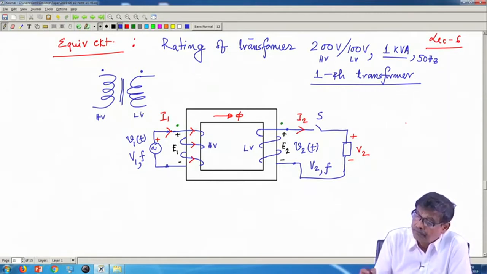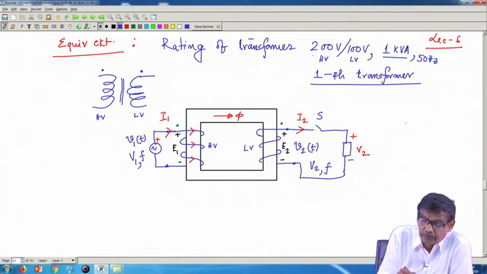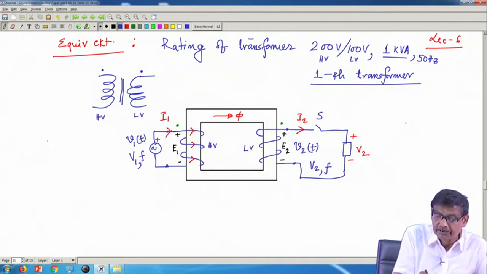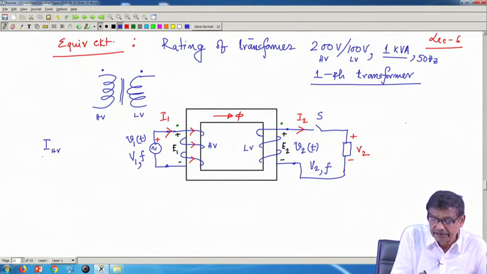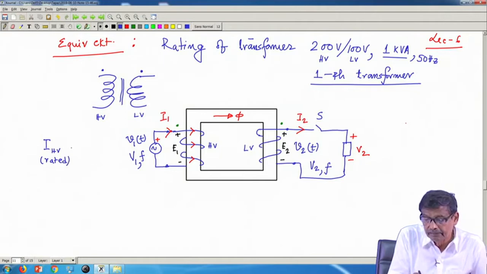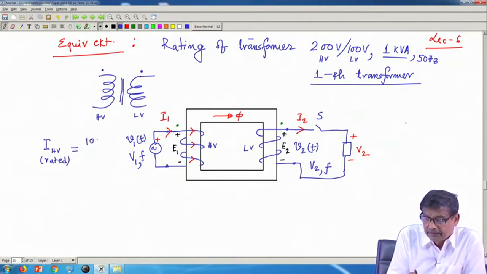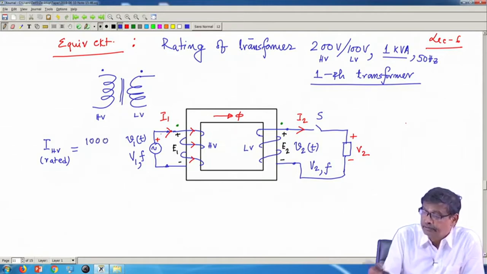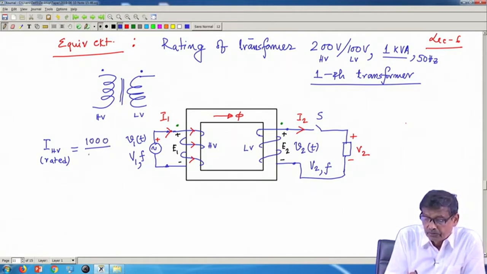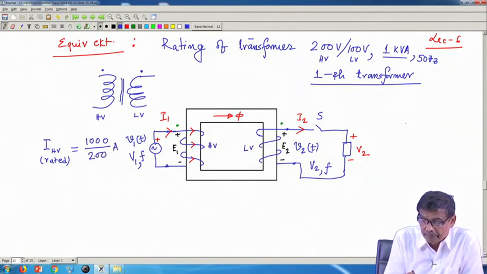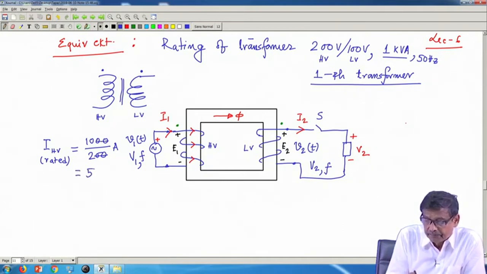Now, from this I can calculate the rated current of the HV side, I HV rated. It will be the kVA, 1000 volt-ampere, divided by 200, which becomes 5 ampere.